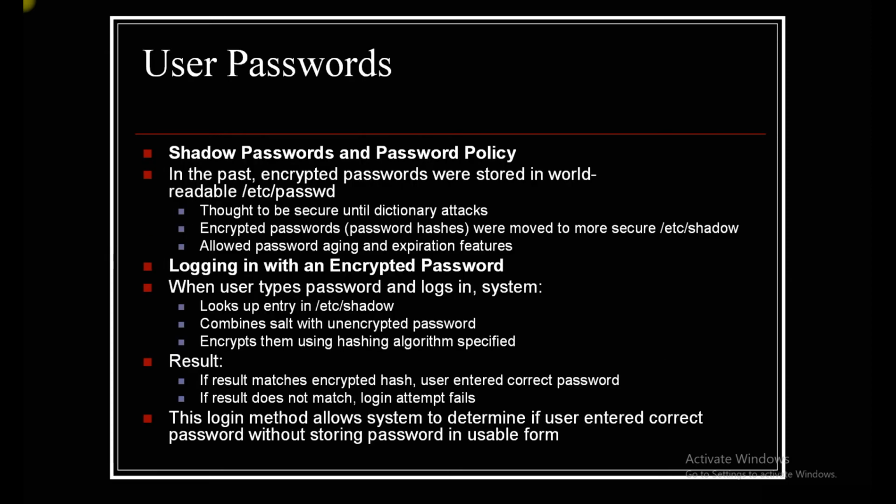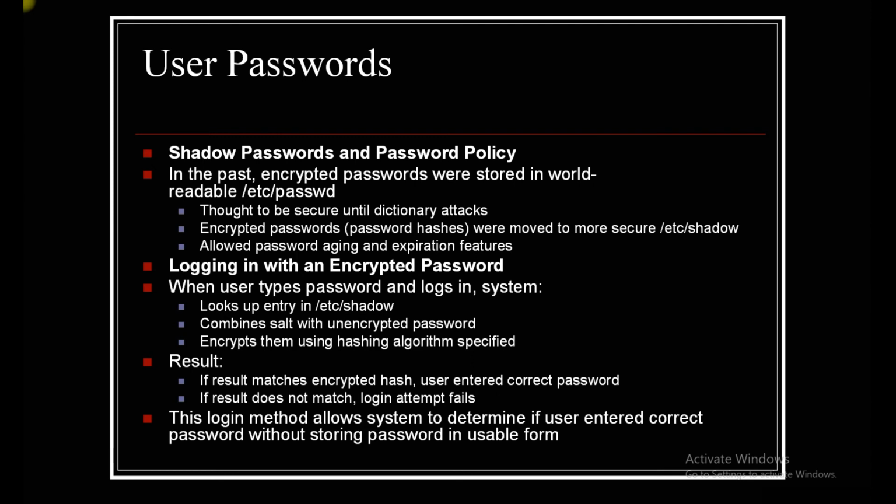User password. So how does the password policy work? The password is always mentioned in /etc/passwd as the second field, but it will take the encrypted password, the algorithm applied, everything, from the /etc/shadow file. Let's say a user logs into the system and enters the password. That password is unencrypted, it's not encrypted.